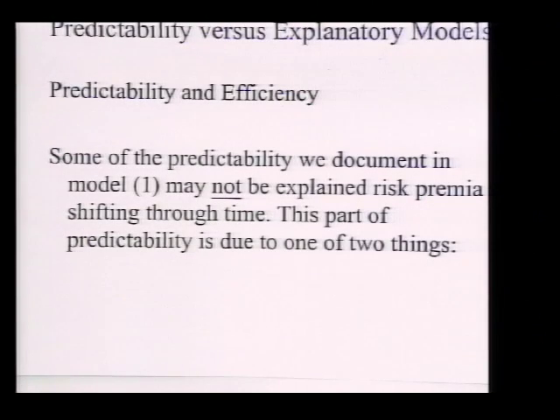So the main part of asset pricing theory relates to explaining across different assets. The other part can actually help us understand the raw predictability that you see in assignment number 3, asset by asset.